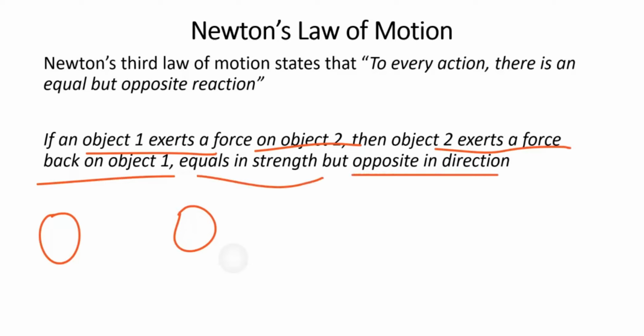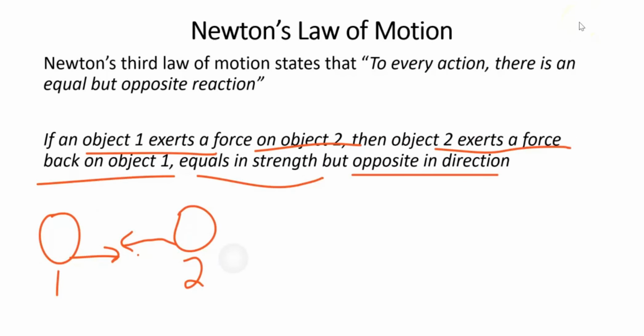What this means is, this is object 1 and this is object 2. If object 1 travels this way, and object 2 is also traveling this way, and as a collision, object 1 hits object 2, they are equal in strength, but they're moving in opposite directions.